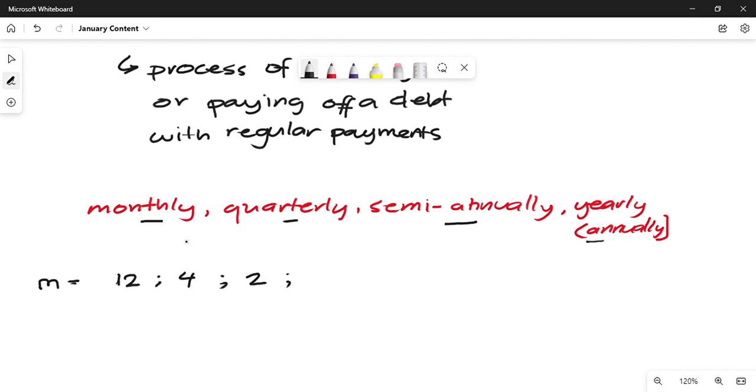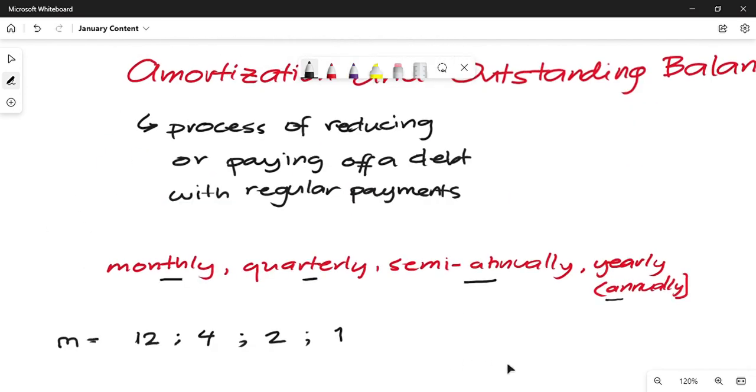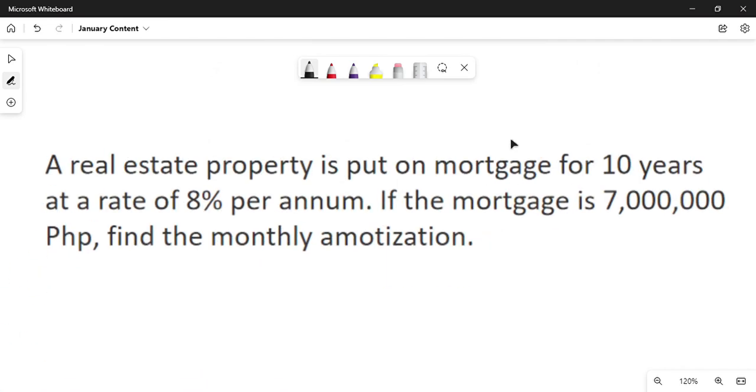Or if it's saying yearly or annually, then m is equal to 1. So your m can vary depending on the problem. It can be 12, 4, 2, or 1, for monthly, quarterly, semi-annual, or yearly amortization. So let's go ahead and solve an example for this one.